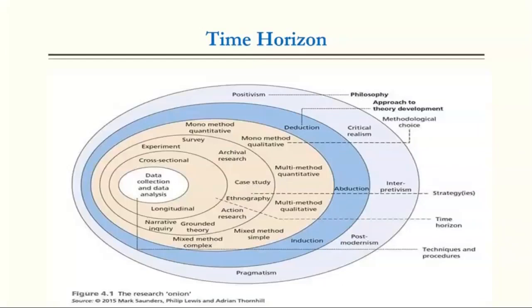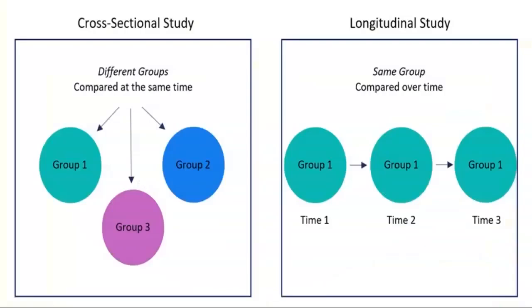As I mentioned earlier, we have cross-sectional and longitudinal research designs. Take for instance walking patterns and cholesterol level. I want to look at the people who do not have walking habits and their cholesterol level.